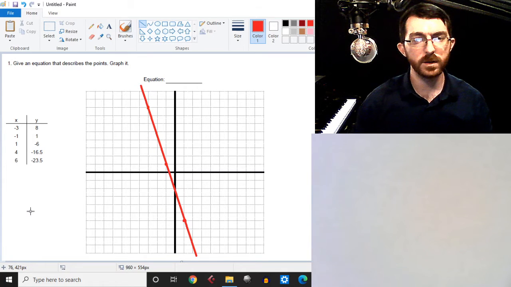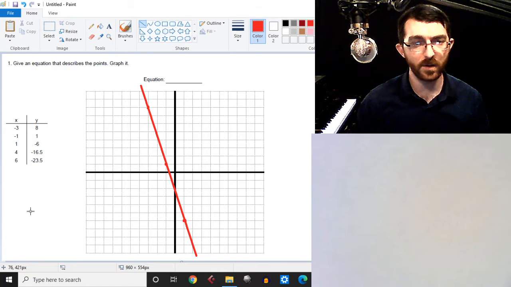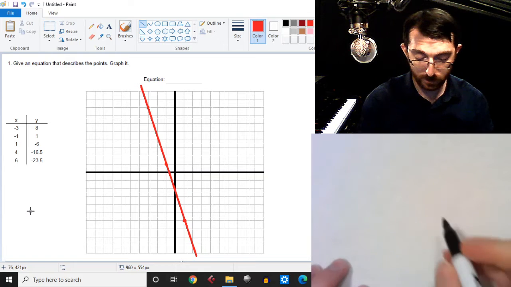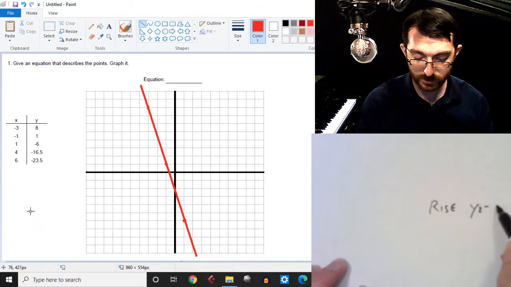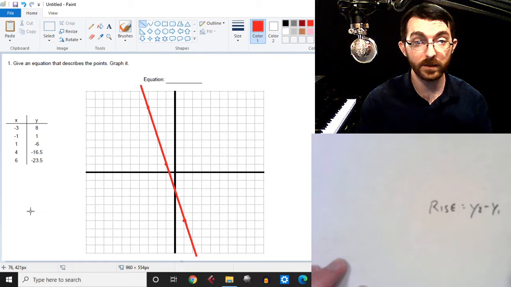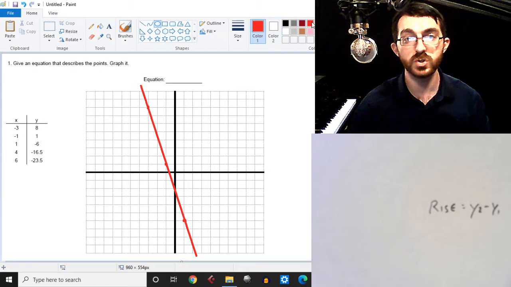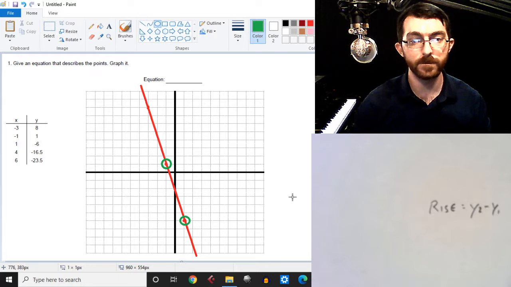Okay, so as far as what the slope and y-intercept are, first thing I'm going to need to do is get a rise and a run. So for a rise, I'm going to need that to be a difference between two y values, and I think the two points I'm going to choose, I think I will choose this one and that one.